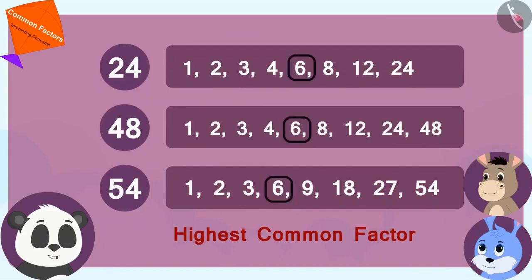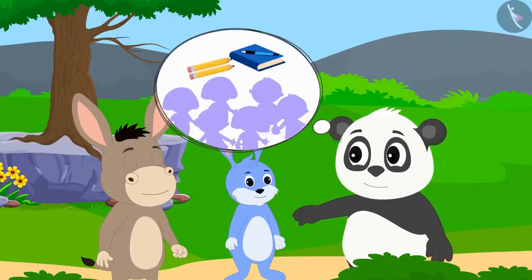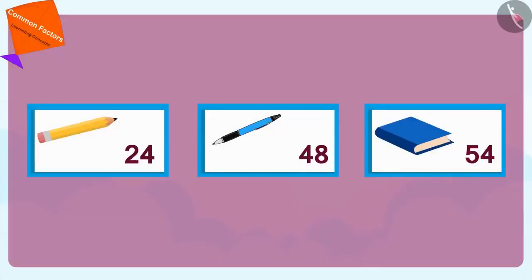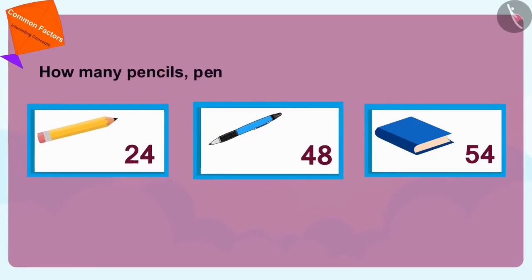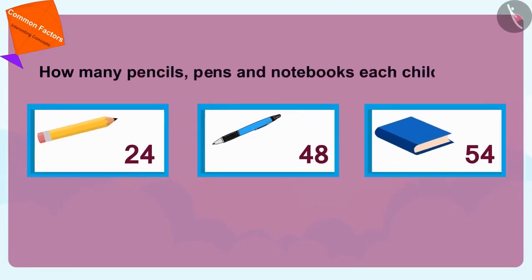Therefore, we can distribute these things equally among 6 children. Children, can you tell how many pencils, pens and notebooks each child will get? If you want, you can stop the video and find the answer.